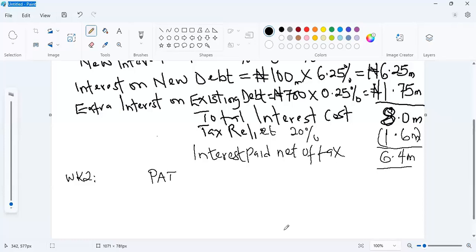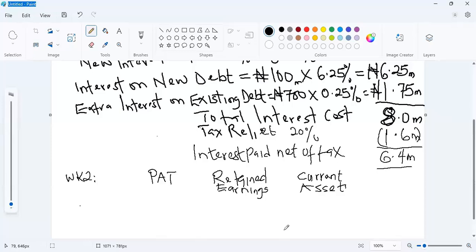My profit after tax will be affected by interest paid. We have retained earnings. My retained earnings will be affected by interest paid. You have current assets. Our current assets will be affected because if you pay interest, your cash will reduce. Your cash is part of your current assets.